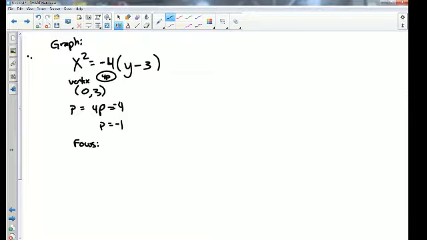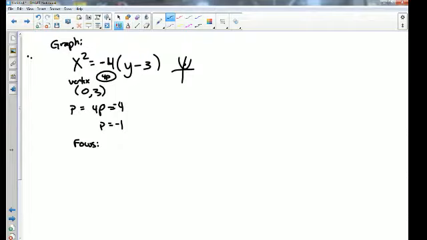Okay, this is a vertical parabola, right? Opens up or down, one of the two. So we know that the focus is going to be above the center or below it. Yeah, above or below. Yeah, it's below. See the negative 4?